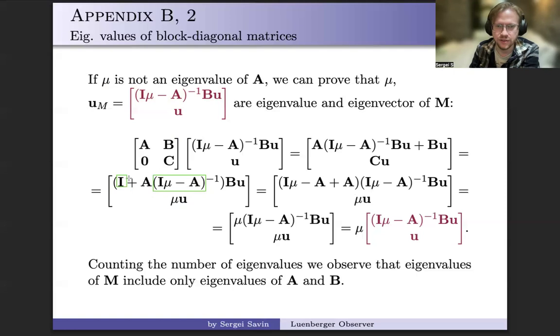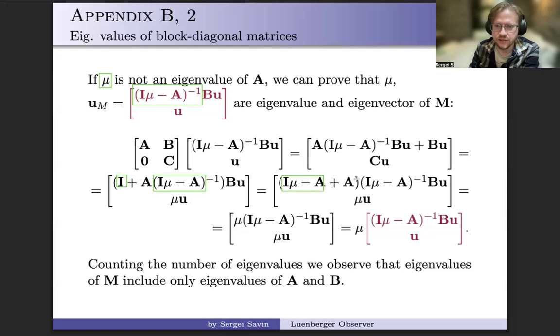So we have identity here. We can easily replace it with a matrix times its own inverse. This inverse exists because mu is not an eigenvalue of A. So since this inverse exists, we can replace I with I mu minus A times I mu minus A inverse.